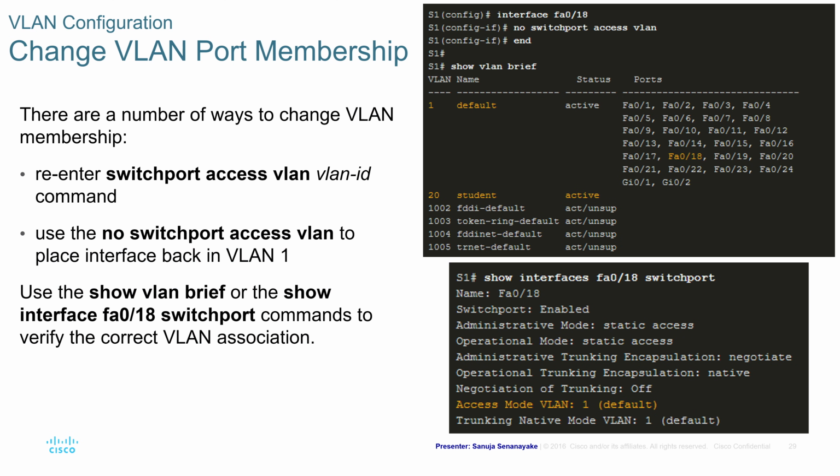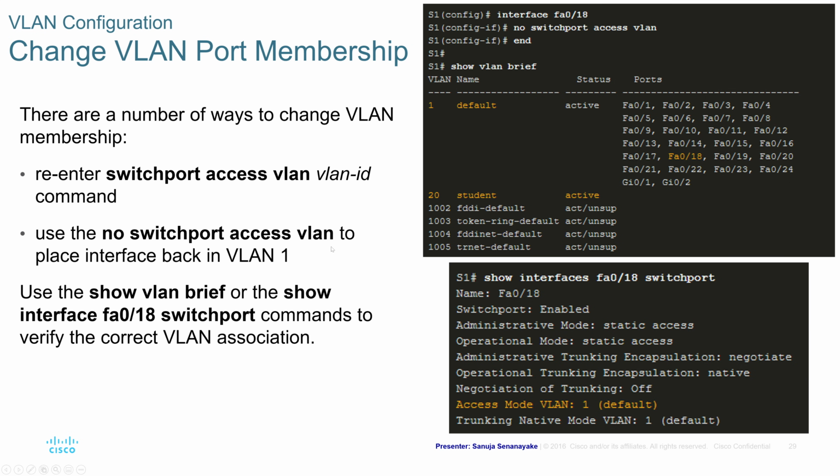Change VLAN port membership. There are a number of ways to change VLAN membership. You can re-enter switchport access vlan and then give the VLAN ID. Or use no switchport access vlan to place the interface back into VLAN 1. Those are two options. If you re-enter switchport access vlan and give a new VLAN ID, the switch port is going to change from whatever it has been assigned to the new one.